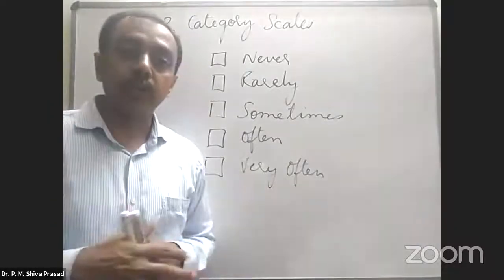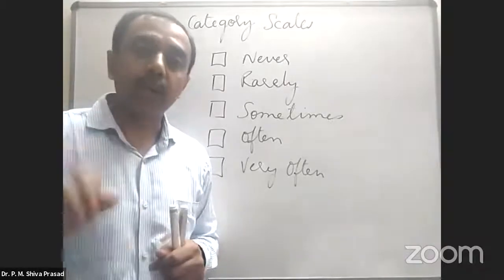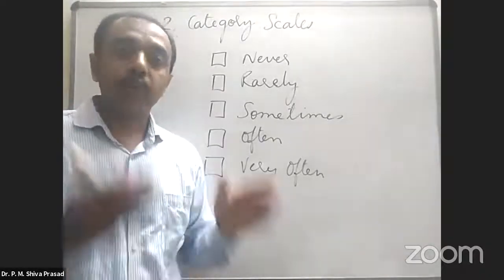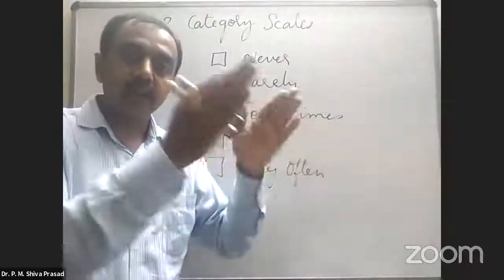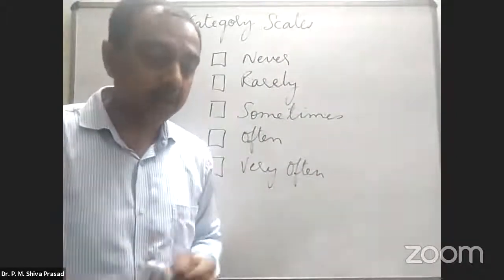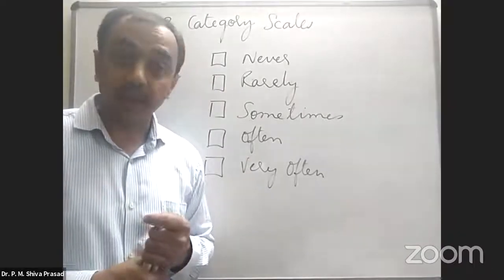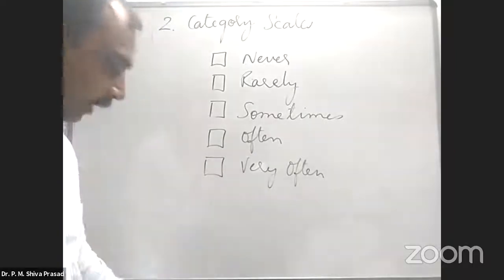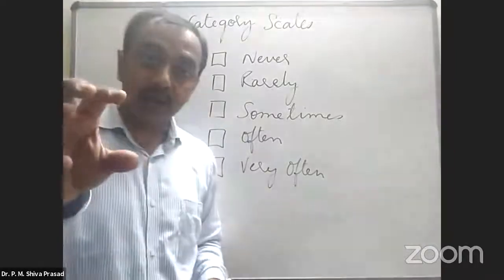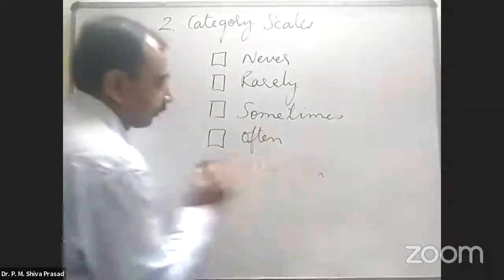Do you belong to urban area, semi-urban, rural areas? Do you belong to science, arts, commerce, likewise faculty-wise? There can be any type of categorization. Whenever we have to put people into different groups, then definitely we will be using category scales.